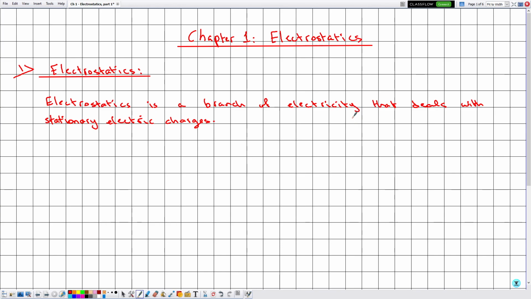Now, let me discuss in section number 2 an important property of matter which is given by the electric charge.